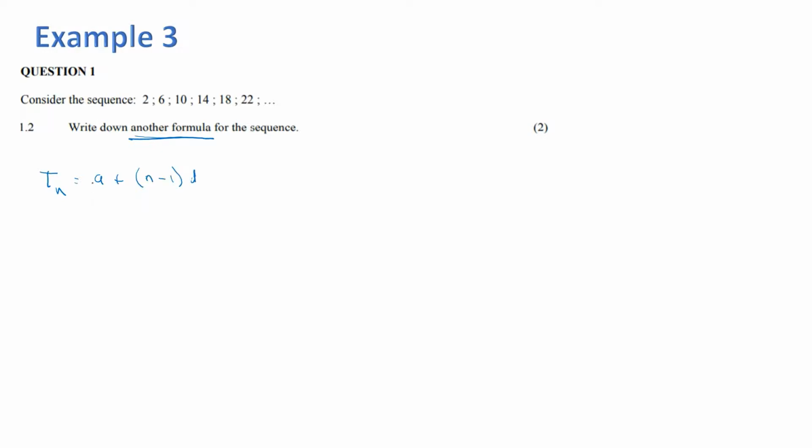We know A, and we know D, so we could just go and write that. Tn equals 2 plus n minus 1 times 4. You can simplify it a bit if you want to: 4n minus 2. That's it. 2 marks. Done.